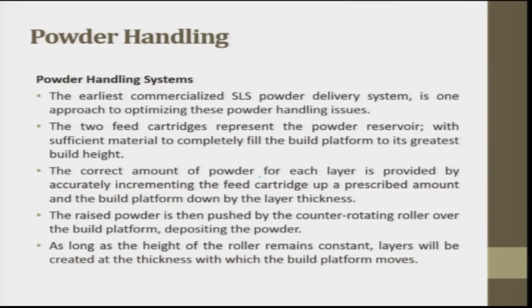The correct amount of powder for each layer is provided by accurately incrementing the feed cartridge up a prescribed amount and the build platform down by the layer thickness. The raised powder is then pushed by the counter rotating roller over the build platform, depositing the powder. As long as the height of the roller remains constant, the layer will be created at the thickness with which the build platform moves.